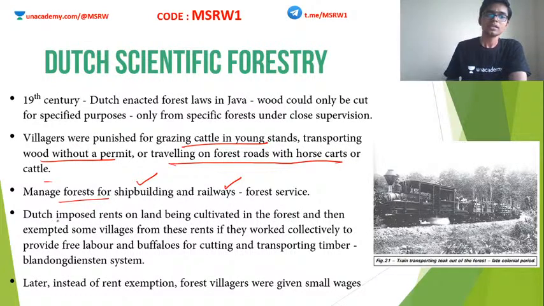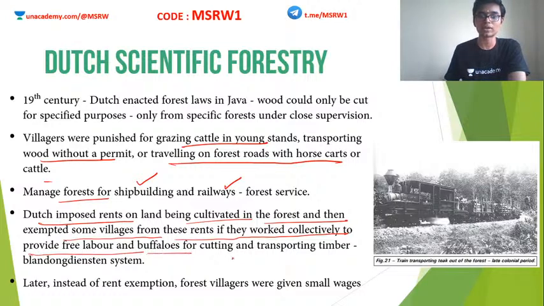Clear? So the Dutch imposed rents on the land being cultivated in the forest and then exempted some villages from these rents if they worked collectively to provide free labor and buffaloes for cutting and transporting timber, which is known as the plantations system.